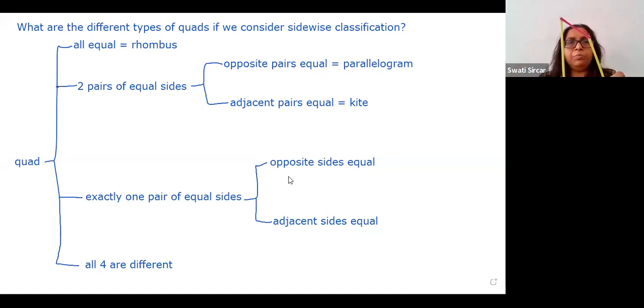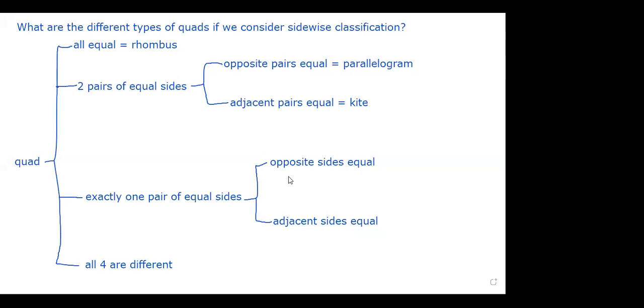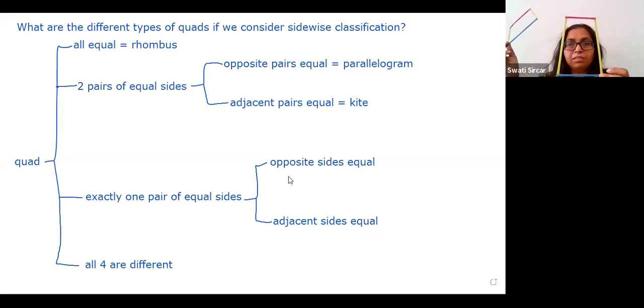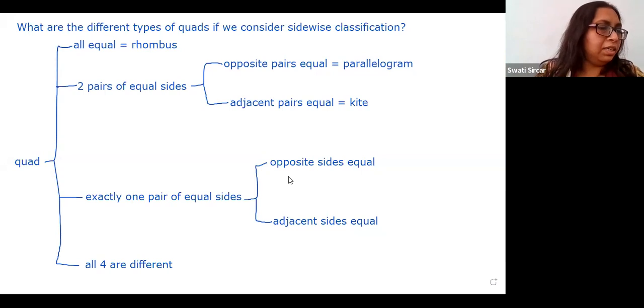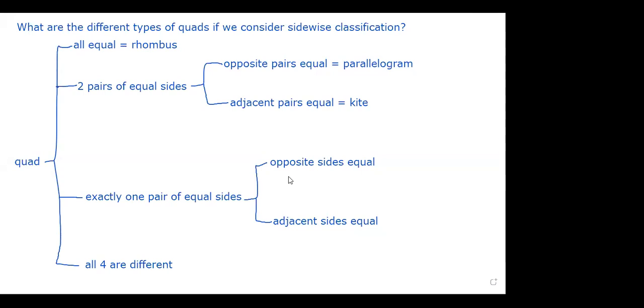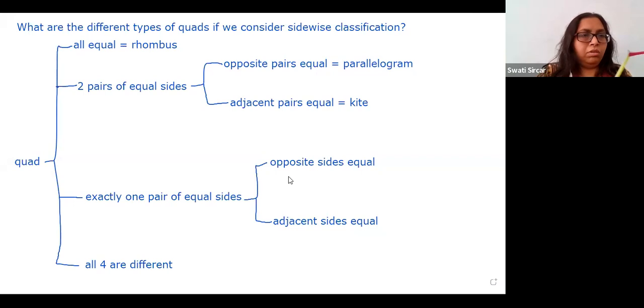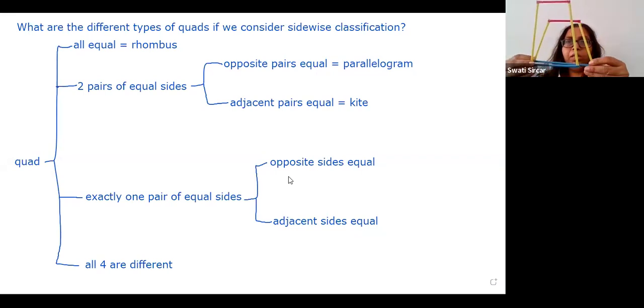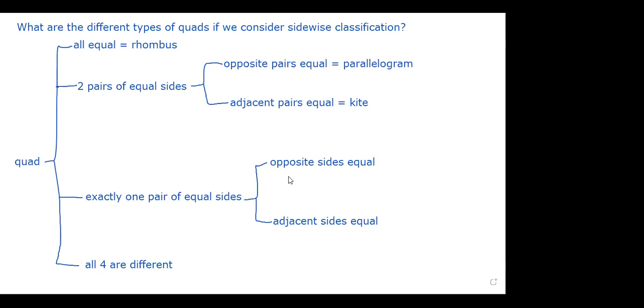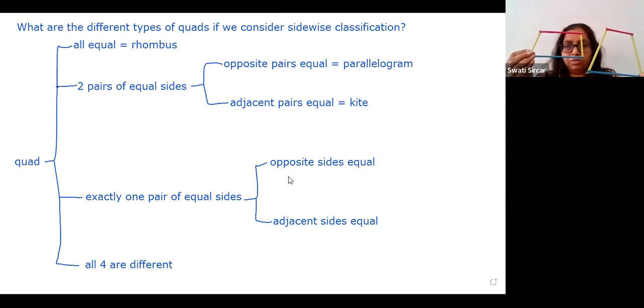Could you see the difference between these two? Yes. In an isosceles trapezium, two sides are parallel. Okay, we will come to isosceles trapezium. But did you see what I was trying to show you? Do you see the difference or the similarity between these? Here is one, here is another, and here is the third one.